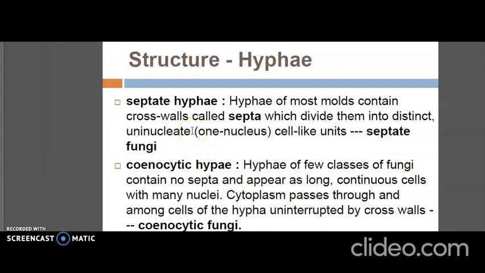Hyphae of most molds contain cross walls called septa, which divide them into distinct uninucleate cell-like units. And hyphae of a few classes of fungi contain no septa and appear as long continuous cells with many nuclei. Cytoplasm passes through and among cells of the hypha uninterrupted by cross walls, and they are termed coenocytic hyphae.